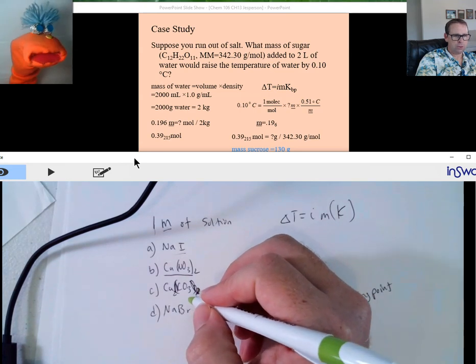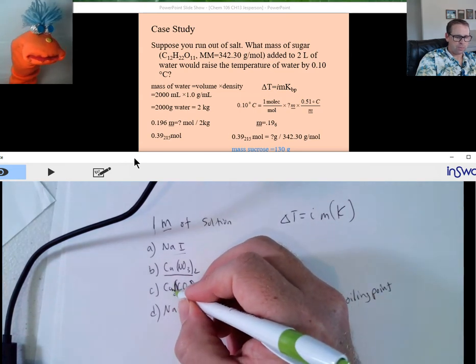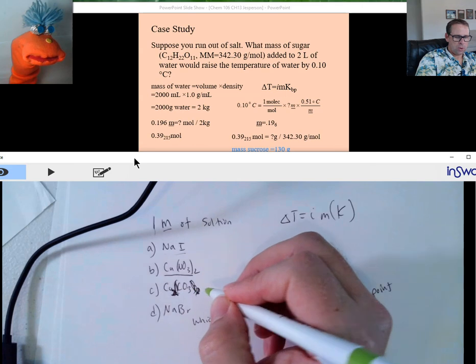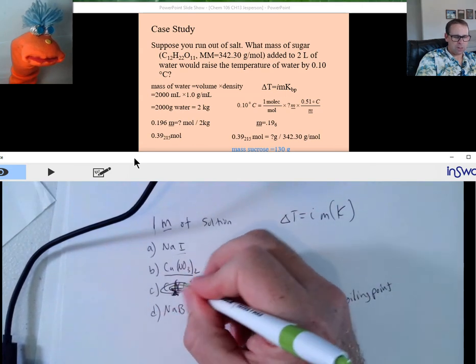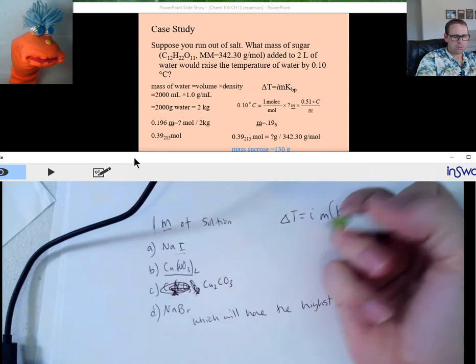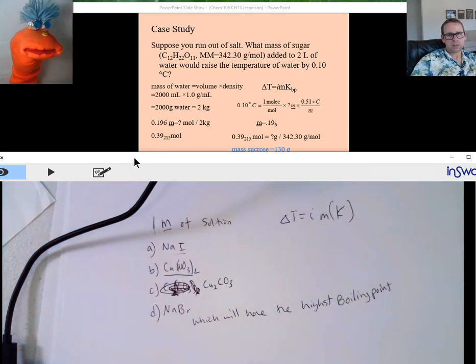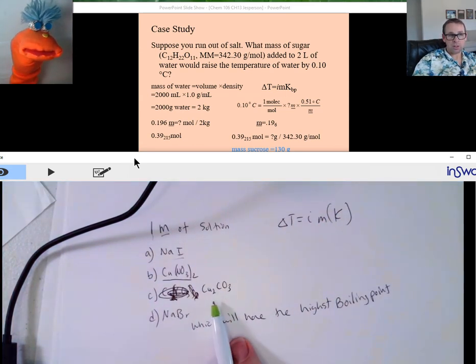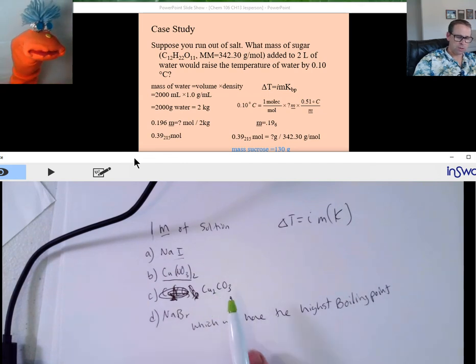That's 3. And this one? Oh, that's 3 also. Well, here's one thing you need to look at, let me rewrite this, copper 1 carbonate is its solubility. Do you know if this is soluble? Oh, yeah. That's not going to be soluble. That's right. So kind of a trick there, and that really wouldn't be something we do.